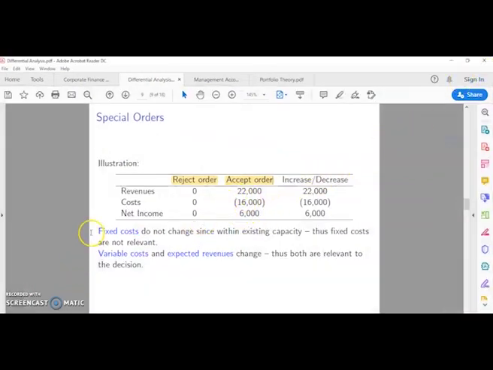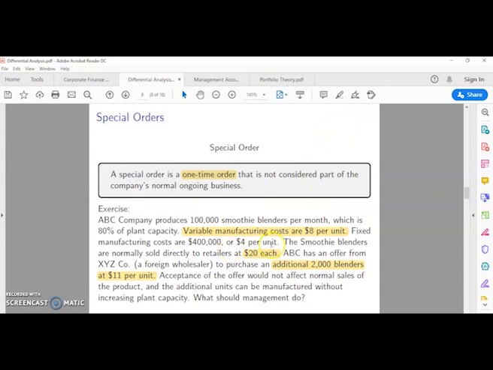So therefore, remember that the fixed cost will not change because the question told us this will not change, because if you go back to the information here, fixed manufacturing cost is 400,000, but they can produce 100,000 per month, 80% of plant capacity, and accepting the offer would not affect normal sales, and the additional units can be manufactured without increasing the plant capacity.